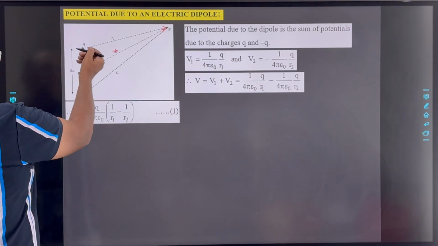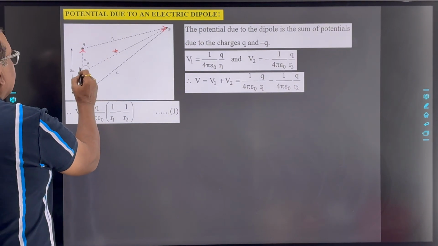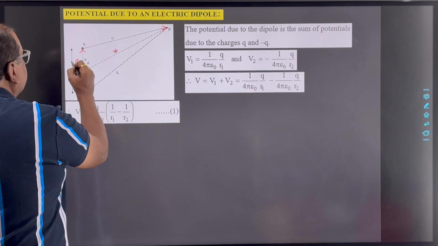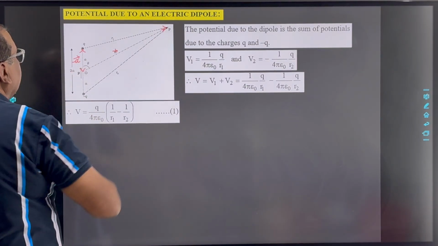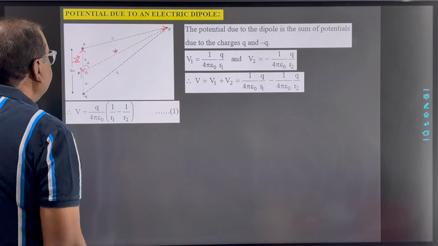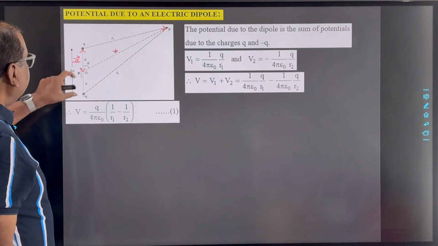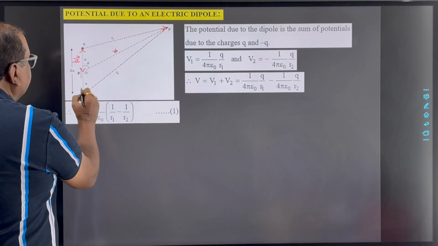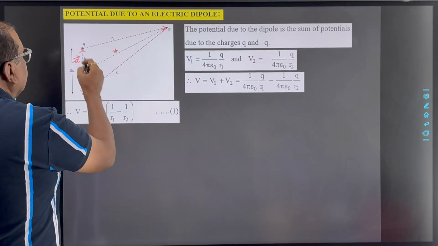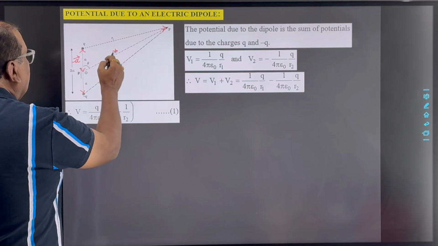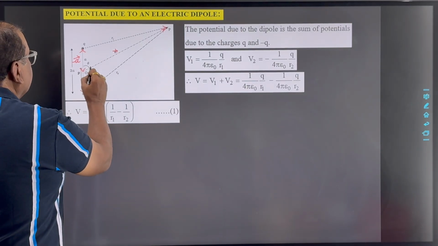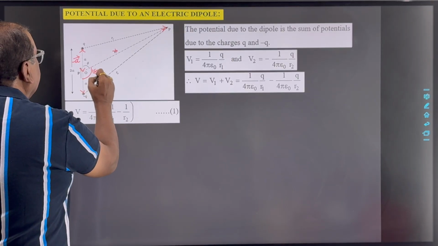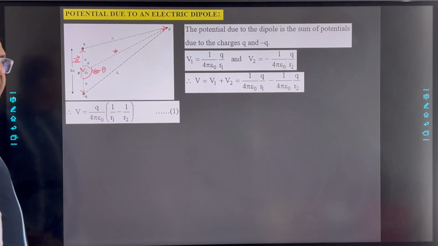If we take the opposite vector of A like this, then we can write this is minus A. We can extend it up to this one. So the angle between R and A is 180 minus theta.